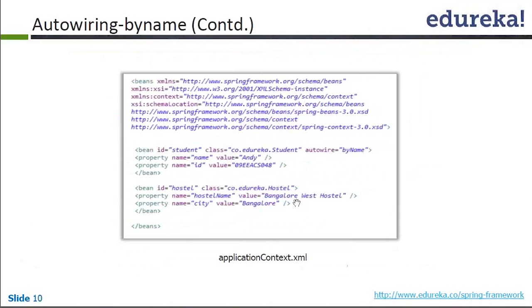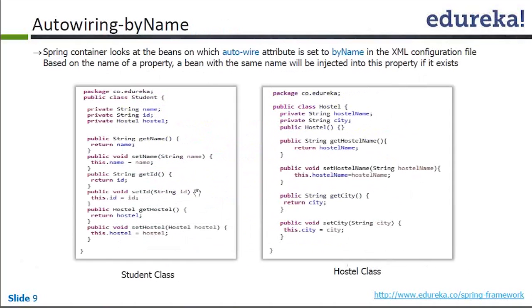Why? If you come here, it says autowire by name. If you see, the ID is hostel here, the property is hostel here. So it is going with the property name.